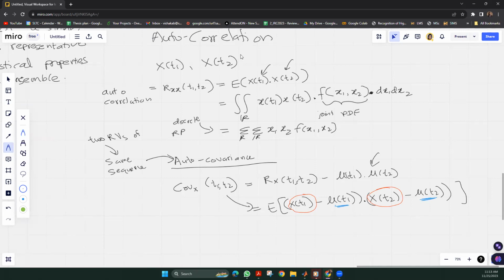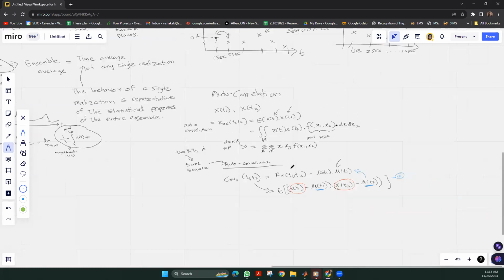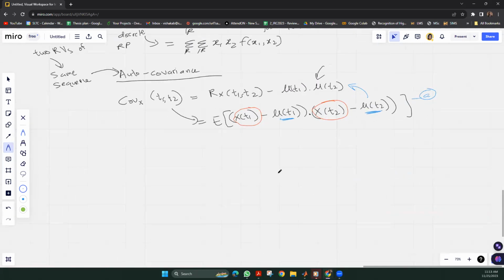So can you try to derive this expression from this equation? Can you try to derive it? I will give you 2 minutes.